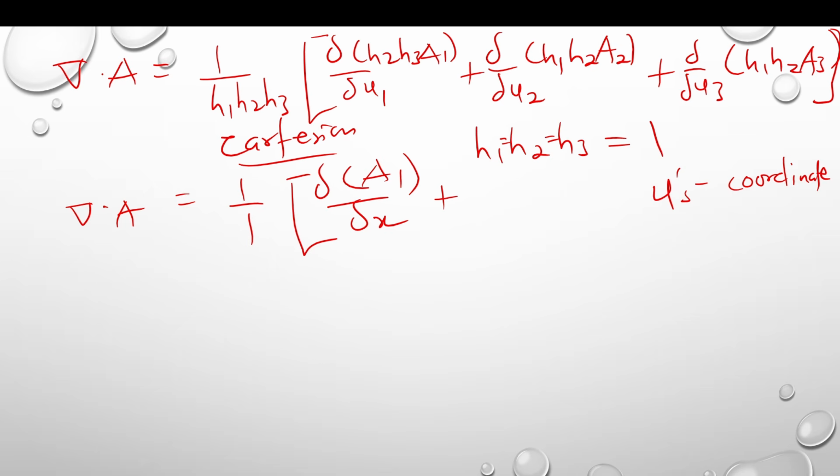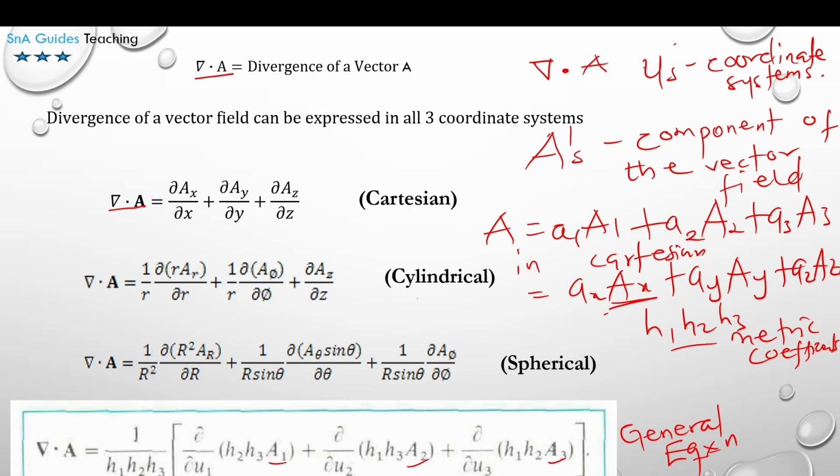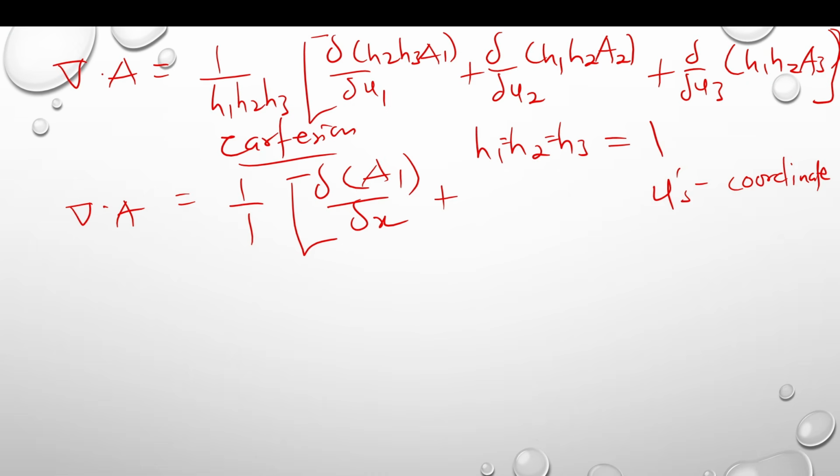Before I forget, the A's are the components of the vector field. Considering Cartesian, A1 is going to be AX, right? So AX with respect to X, and then Y. Once again, H1 and H3 are both 1, so you are going to have A2.